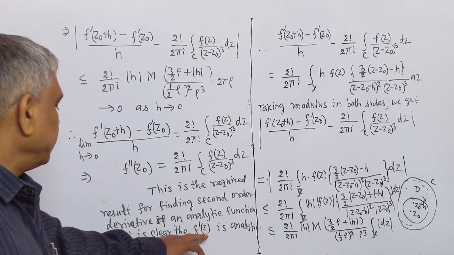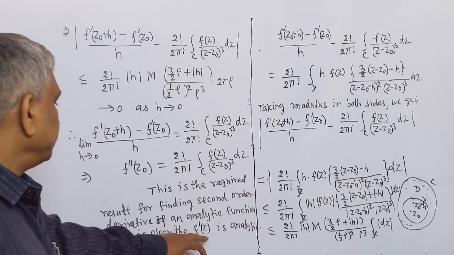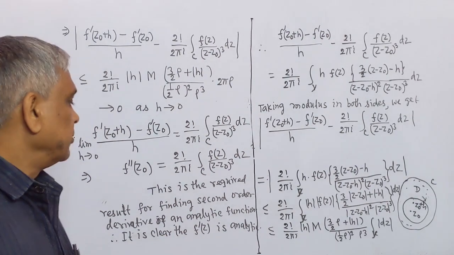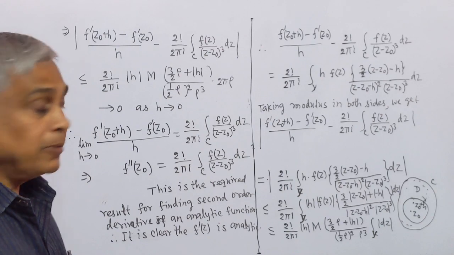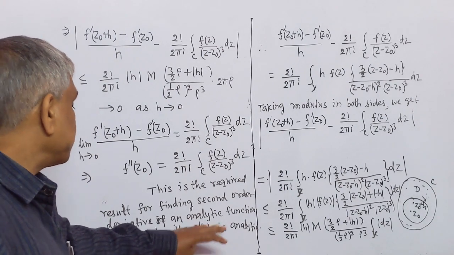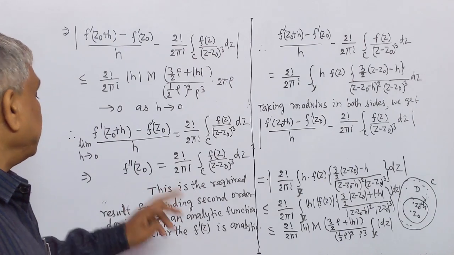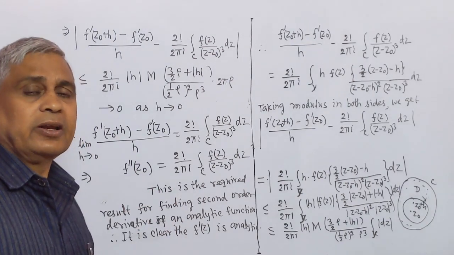The first order derivative of f(z) is analytic at the point z equal to z0, meaning at any arbitrary point its differentiation may be obtained. That differentiation is the second order derivative of the analytic function.